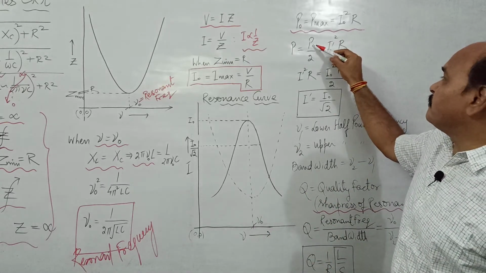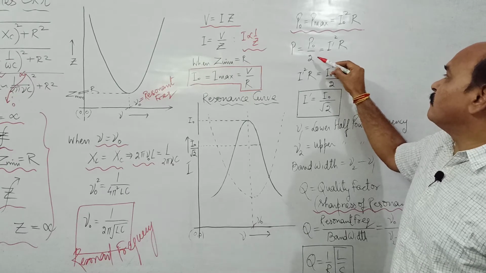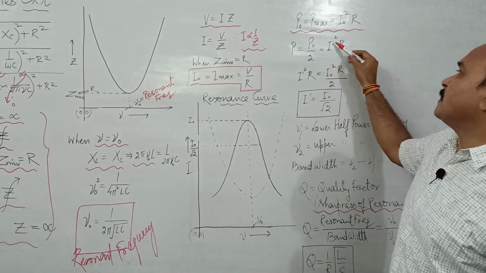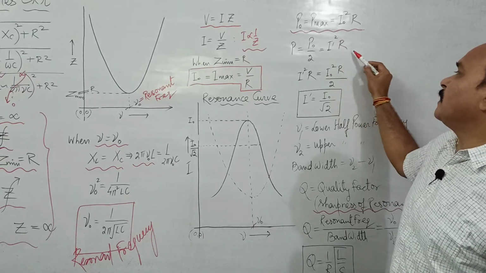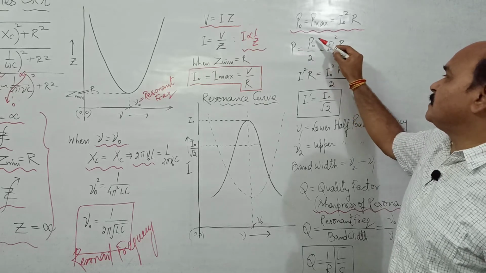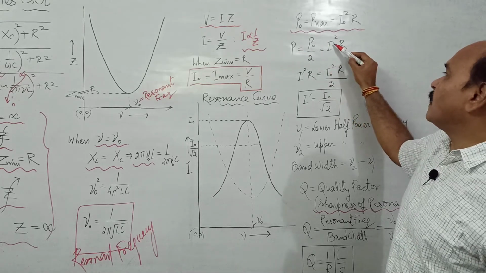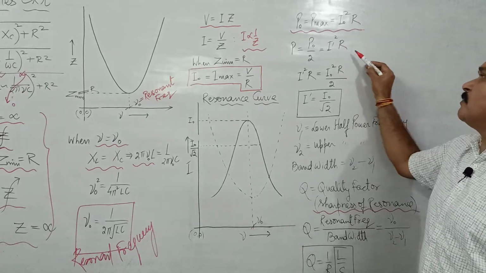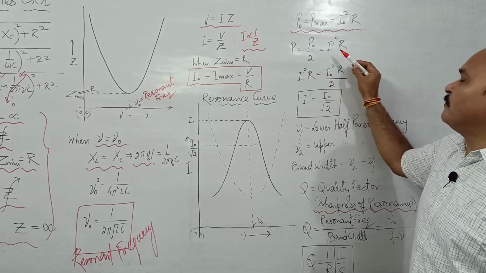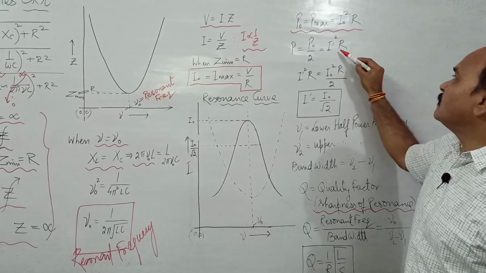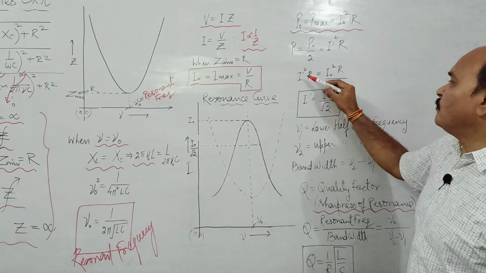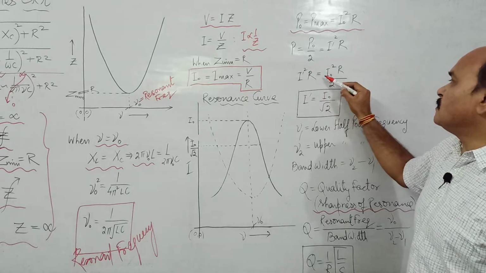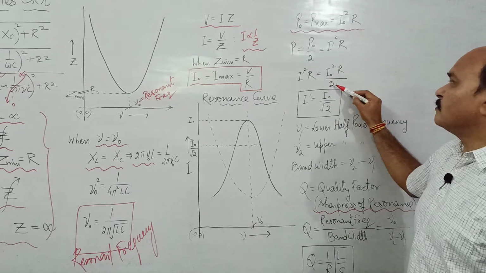This power is going to become P by 2 when the current becomes I dash. When the power is half, the current is I dash, and I dash square into R is the value of power. Now if we equate this half power with the original power, what do we get? I dash square R is equal to I naught square R by 2.